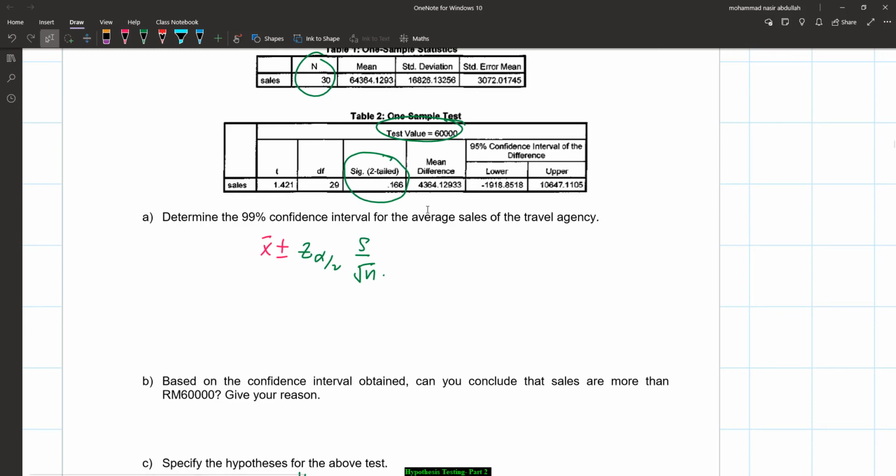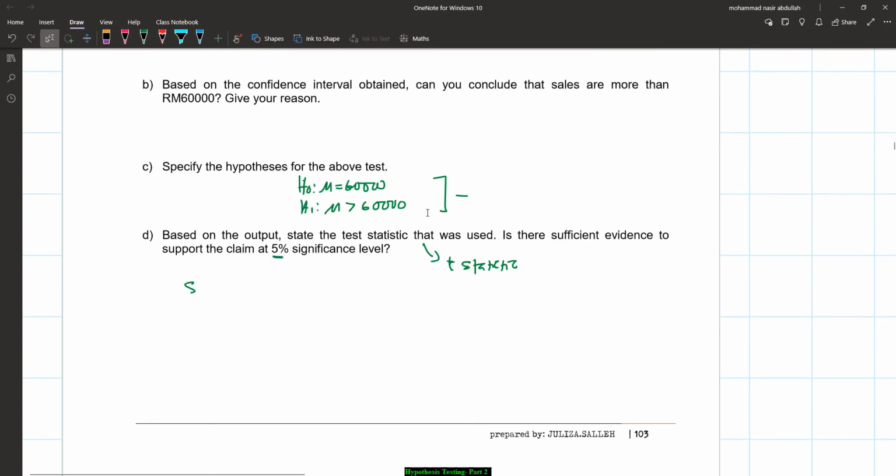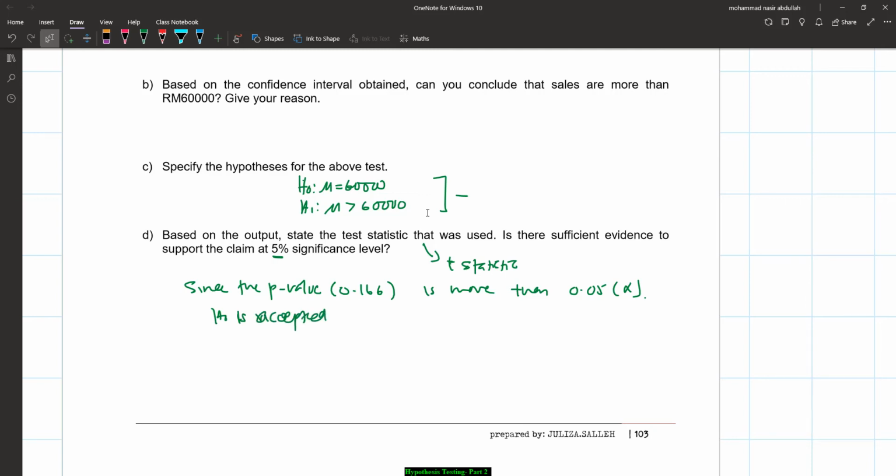Since the p-value is equal to 0.166, which is more than 0.05, our alpha, the null hypothesis is not rejected.